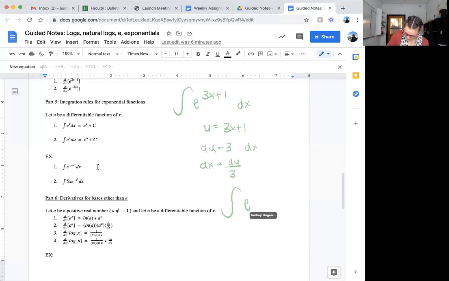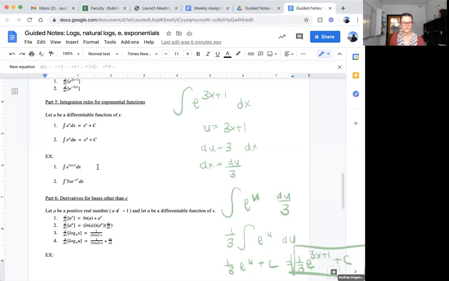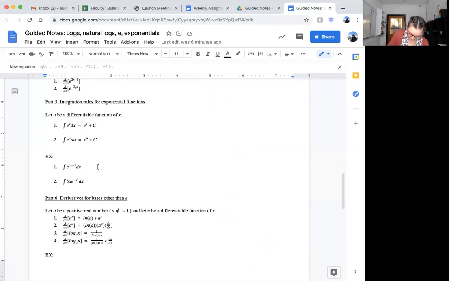The integral of e to the u times dx, which is equal to du over 3. Du over 3 means we have a constant of 1/3 to pull out. 1/3 times the integral of e to the u du equals 1/3 e to the u plus c equals 1/3 e to the 3x plus 1 plus c. Final answer.